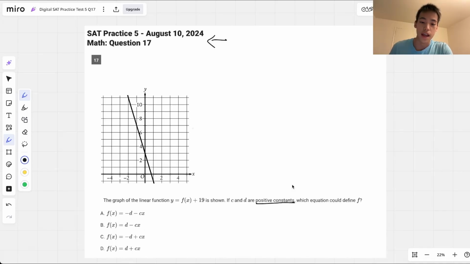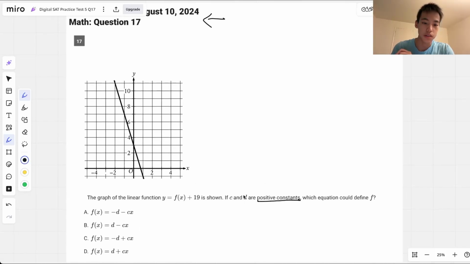which equation could define f? And so as I'm reading this problem, I always try to scan for keywords or phrases that could hint at some important aspects of a problem that we should pay attention to. And so here, c and d are positive constants, and so we should note that in the corner of our mind while we're solving this problem.